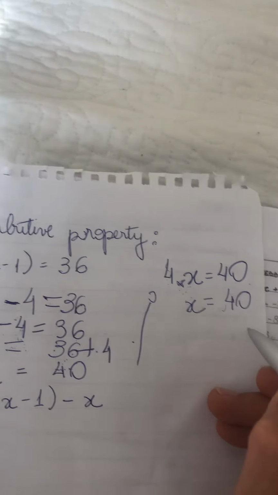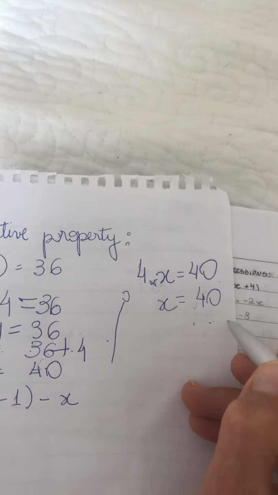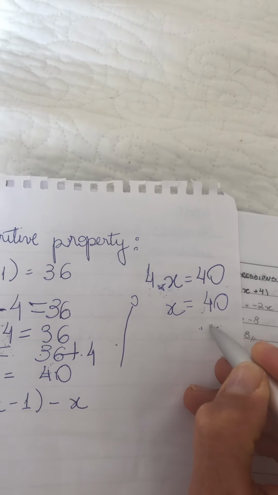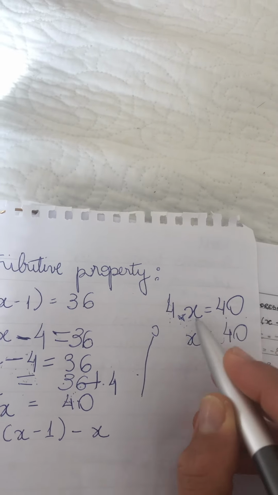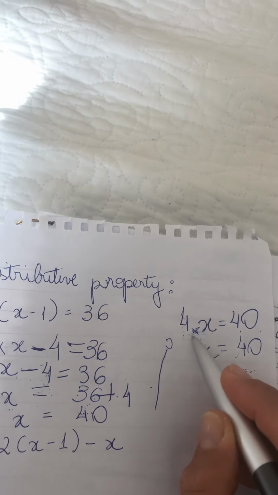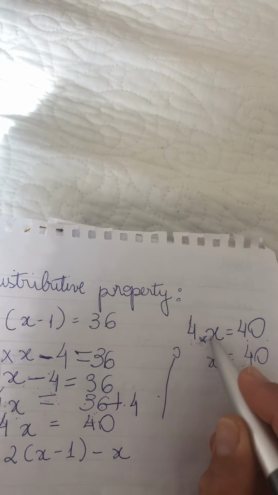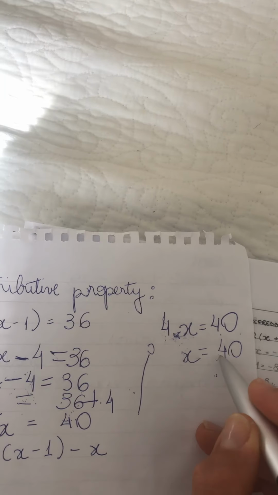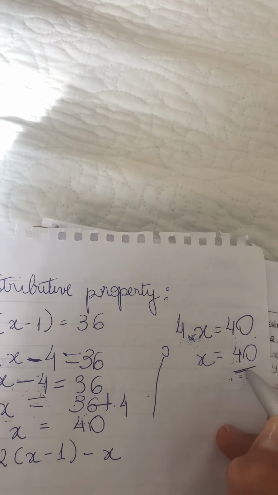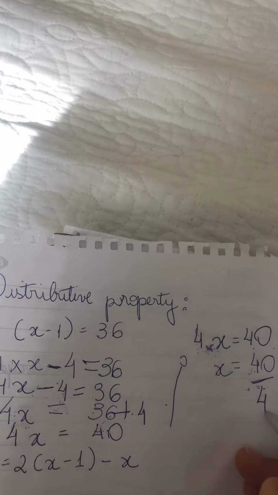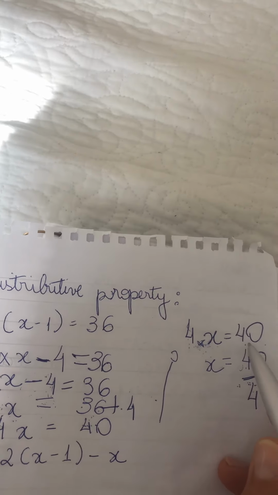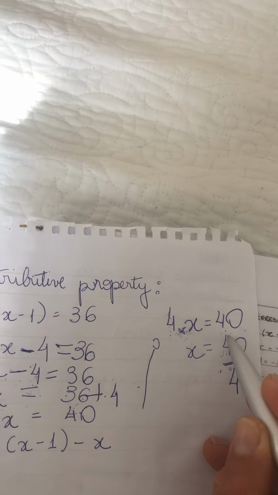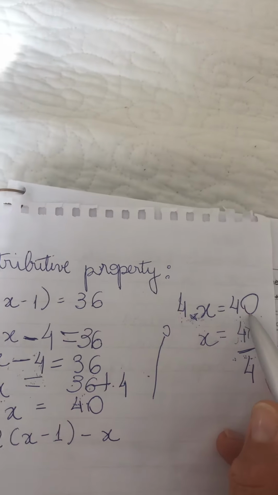So I don't move 40. 40 is in its house. It belongs to this side. But 4 will have to move to this side with the opposite operation. That means 40 divided by 4, because the opposite of multiplication is division. So 40 is still there in the right place, so I don't do anything with 40.